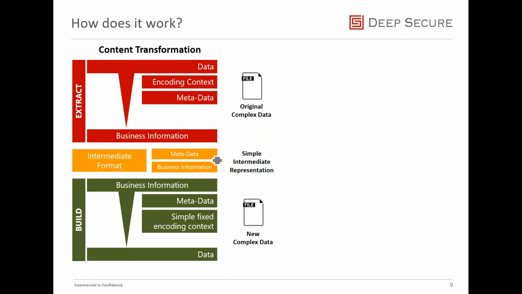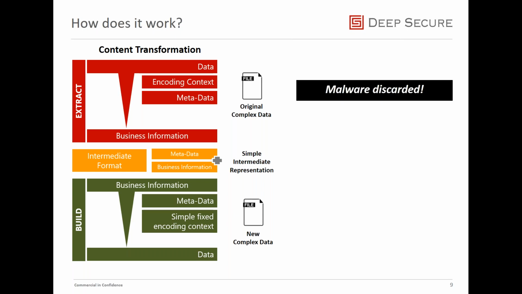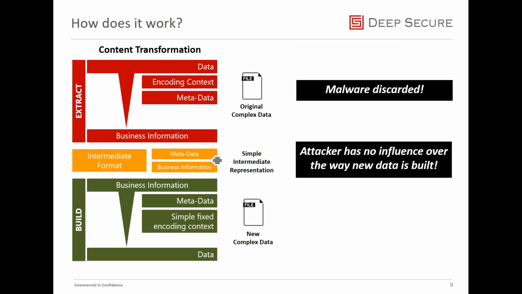By this we mean things like, for example, the time and date stamp on a photo, and any active code and malware is also discarded. But important metadata, important to the business, is retained. The extracted business information is then encoded again using an intermediate data format, a Deep Secure data format, and something the attacker has no visibility or influence over.